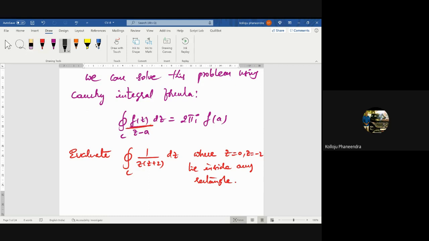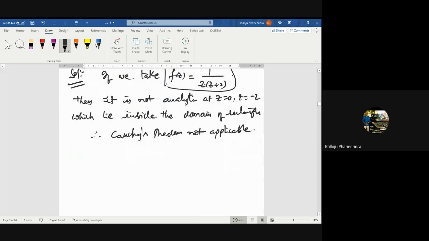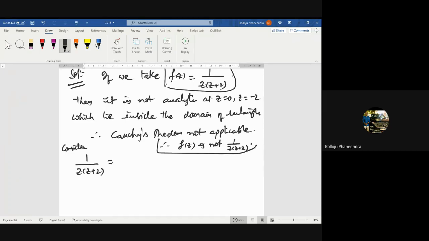Now, what is f of z here? I am taking 1 by z into z plus 2, but this is not f of z here. Cauchy's theorem is not applicable, therefore f of z is not 1 by z into z plus 2. This is just for your idea. If Cauchy's theorem fails, then f of z is not the full function.